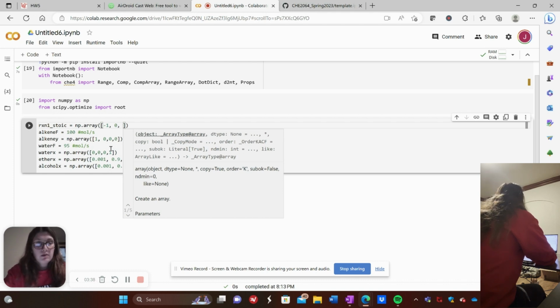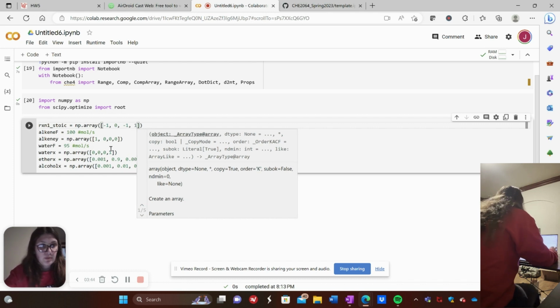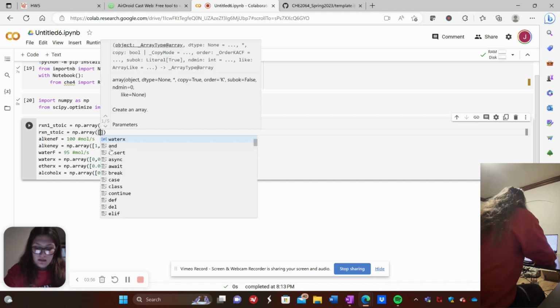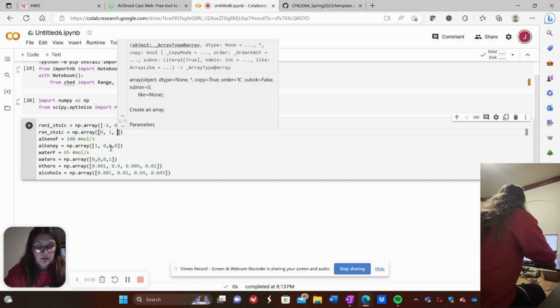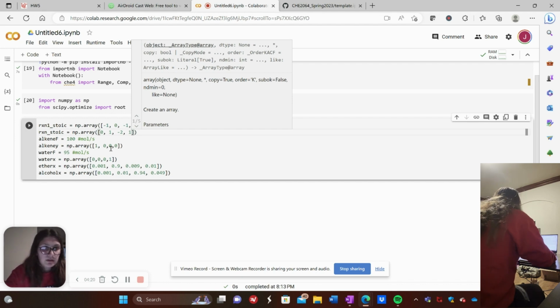We had 1 water as a reactant, and then we had 1 isopropanol as a product. Now for reaction 2, we had no propylene. Then we had 1 ether as a product. We had 2 isopropanols as a reactant, and then we had 1 water as a product.